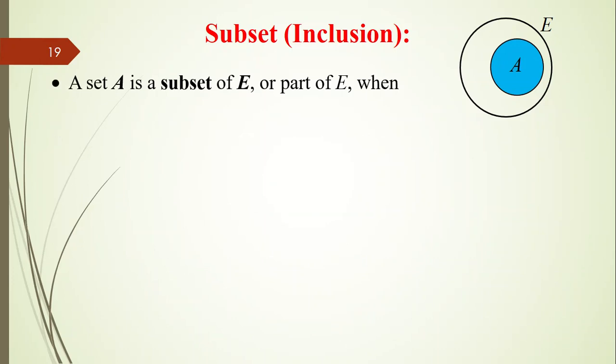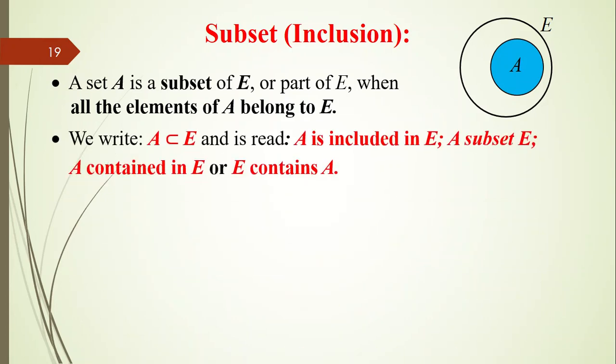Subset, inclusion. A set A is a subset of E, or part of E, when all the elements of A belong to E. So if all the elements of the first set belong to the other set, it means that the first set is included in the second set. But it doesn't mean that the second set is included in the first set.